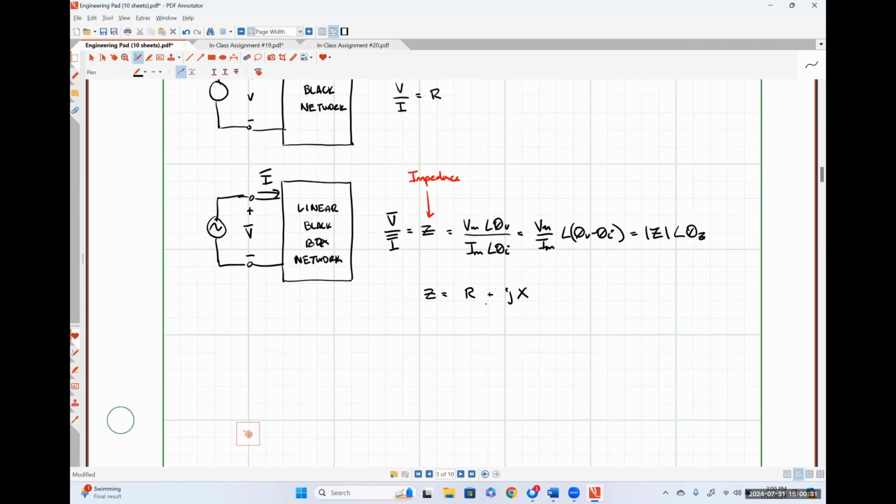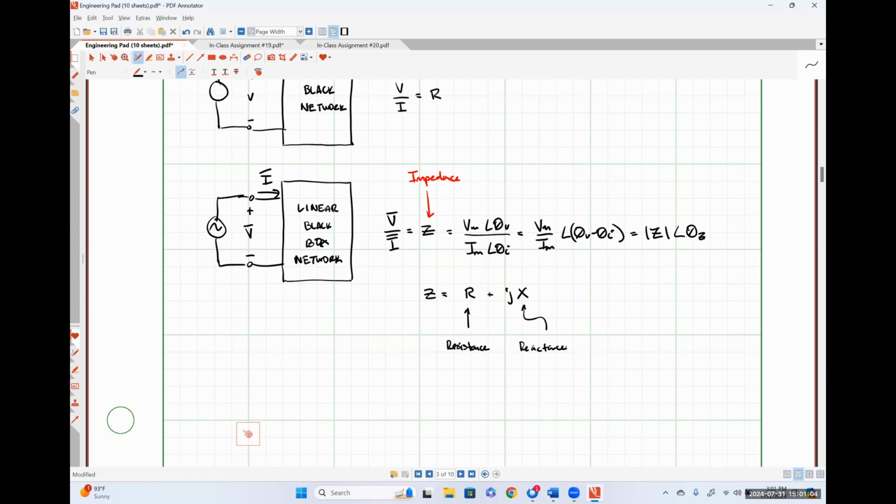So this real part of the impedance, R, is literally just the DC resistance that we are used to. And the imaginary part of the impedance is what is commonly called the reactance. So real part is resistance, imaginary part is reactance.